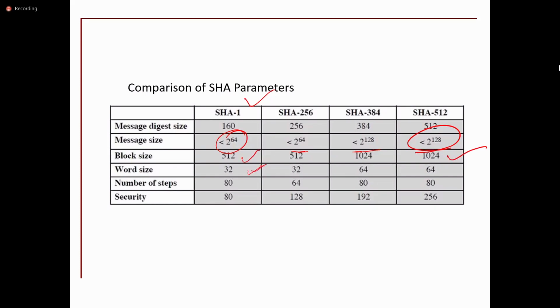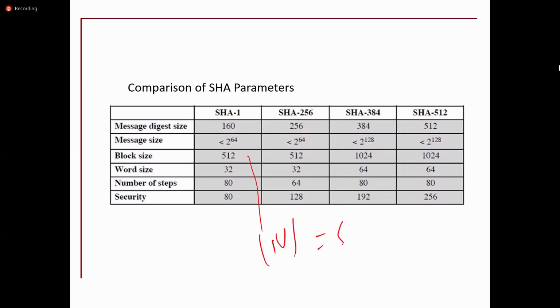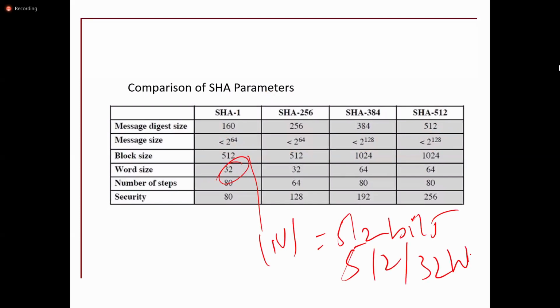Word size. What is this word size? Word size is nothing but the buffer size. The message can be divided into n number of blocks, where the length of every block is 512 bits, or we can say it is divided into 512 by 32 words.